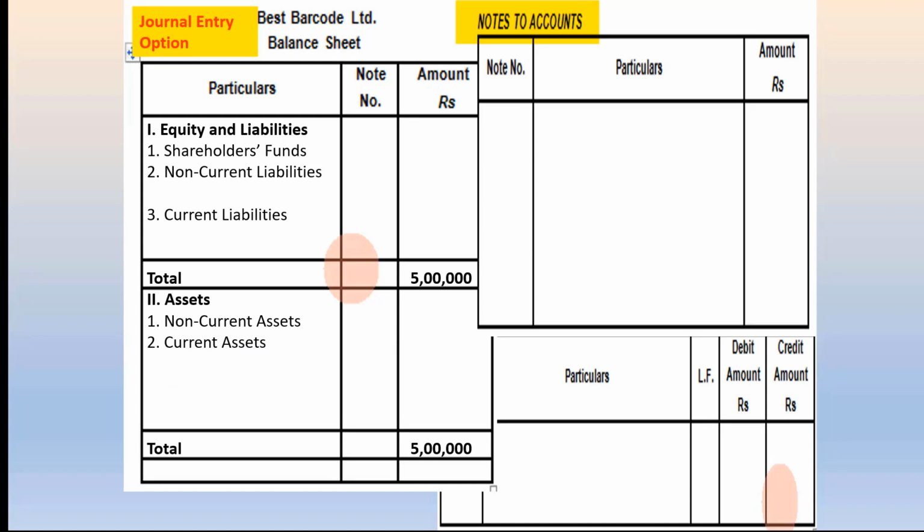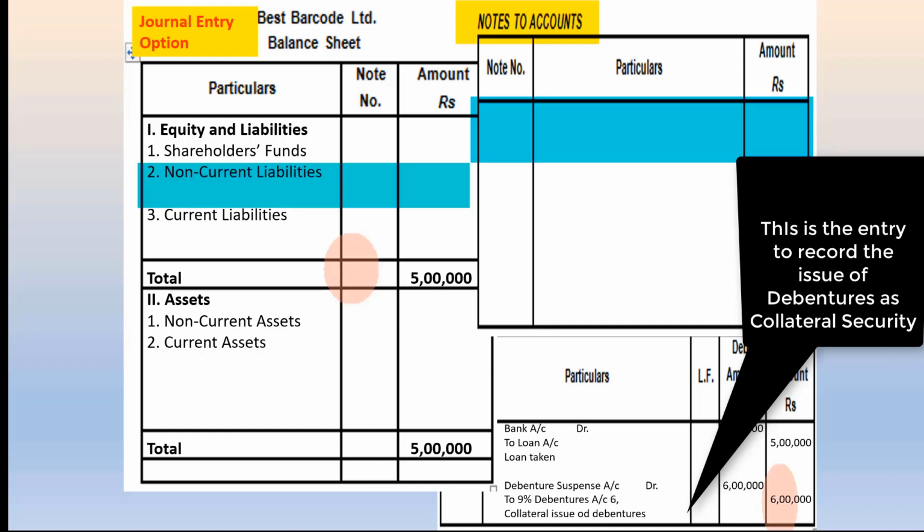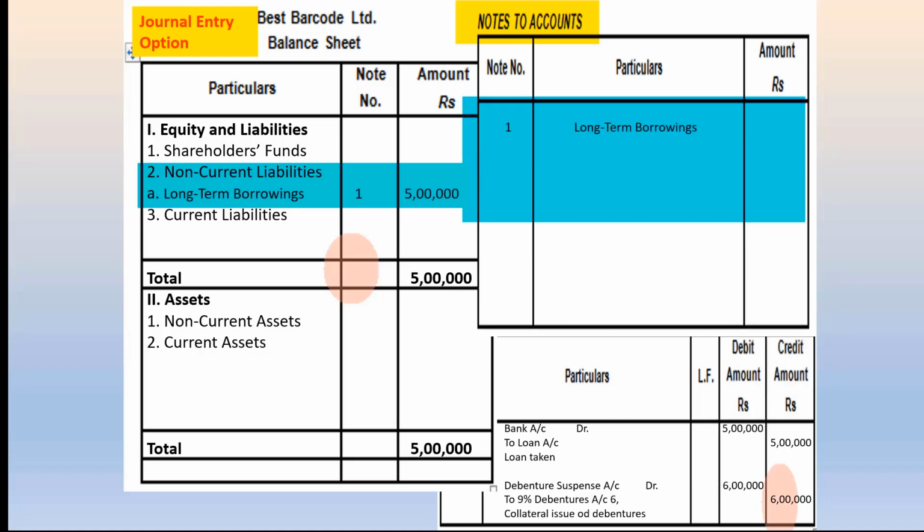If, on the other hand, an accounting entry is passed, the account balance will appear in the balance sheet. It is shown on the liability side under loans which are secured and under the broad classification of long-term borrowing.